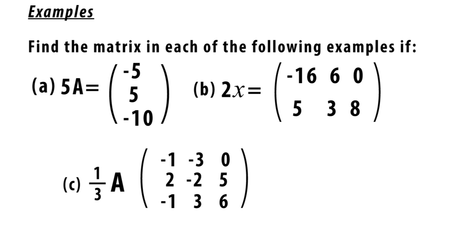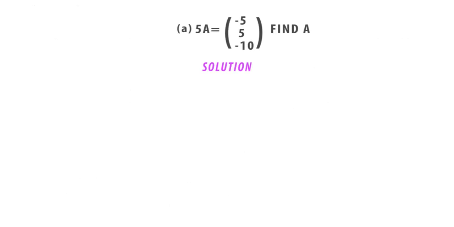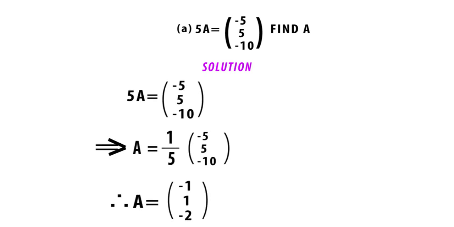Let's take the solutions. So for A, we have 5 multiplied by the matrix A is equal to the matrix -5, 5, -10. This implies that A is equal to 1/5 multiplied by the matrix -5, 5, -10. That is, we are just dividing through both sides by 5.